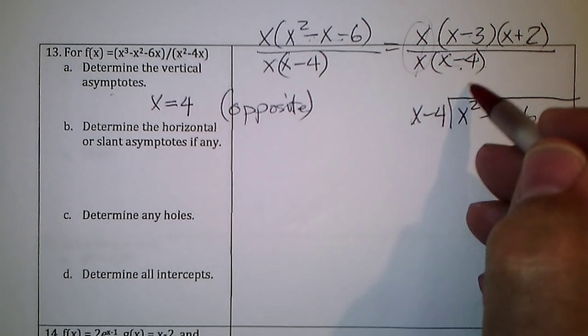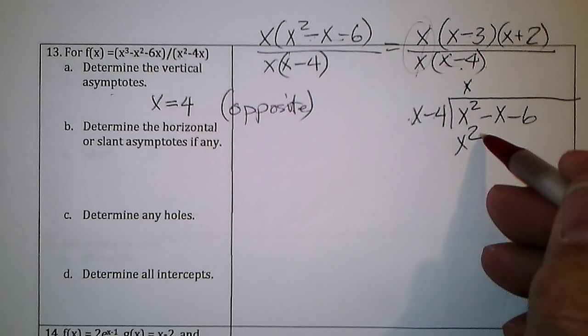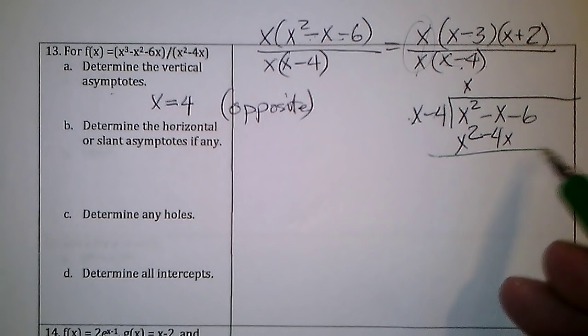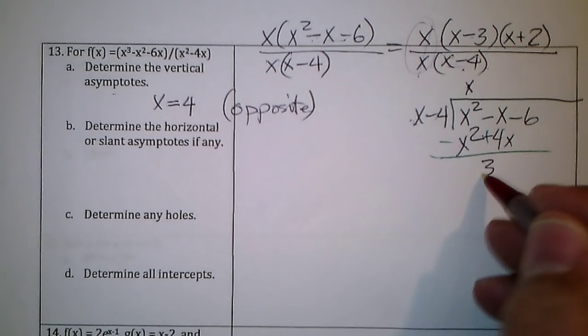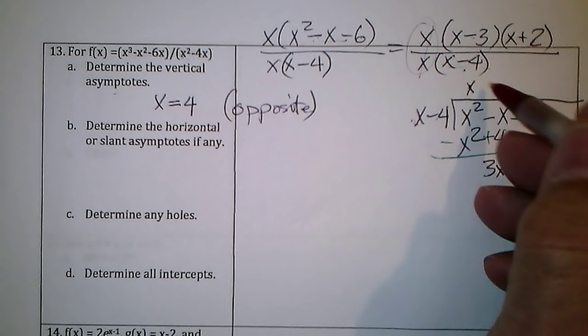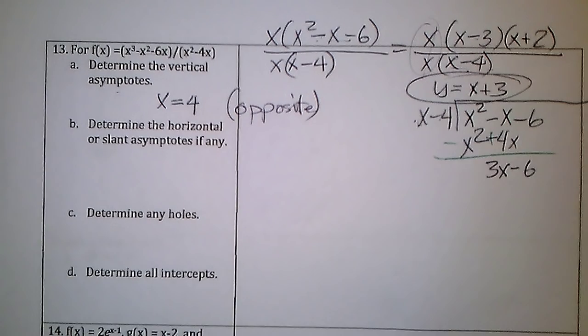X in there is x squared minus 4x. Draw the line, change the signs, add them, and we get 3x minus 6. X into 3x is plus 3. So there's the oblique asymptote.